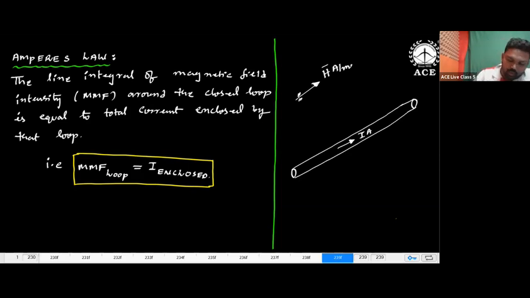Now let us consider the different loops here. Here it is the loop 1. Here it is the loop 2. And here it is the loop 3.